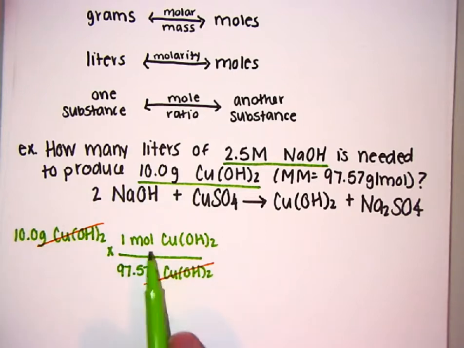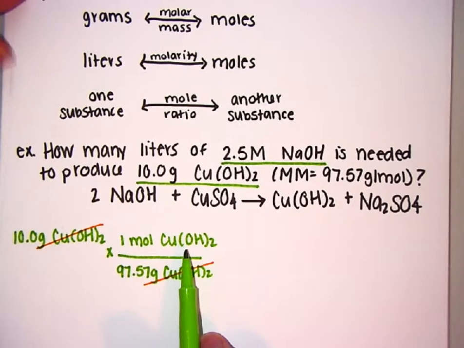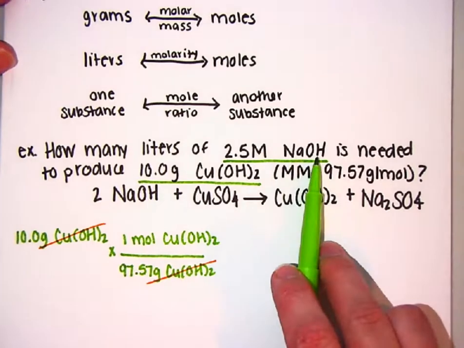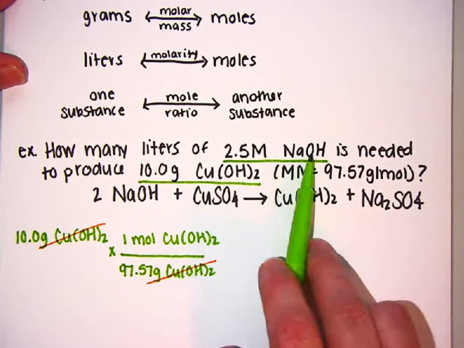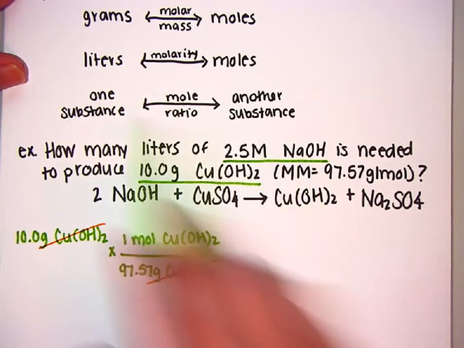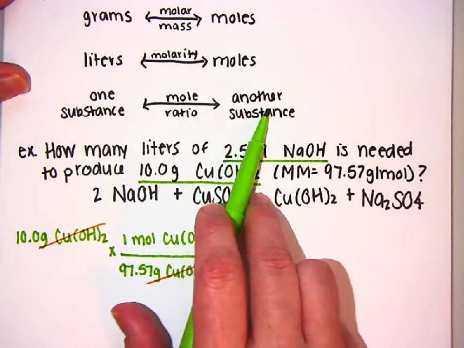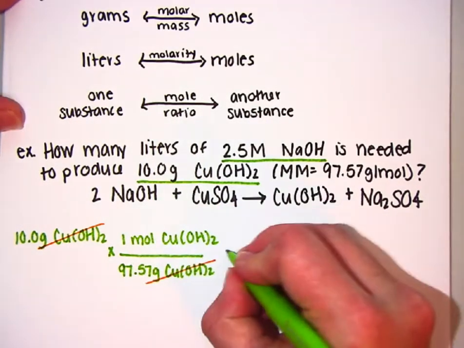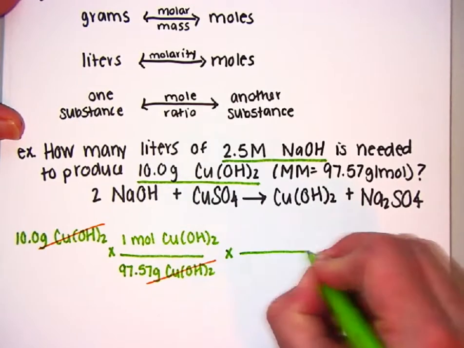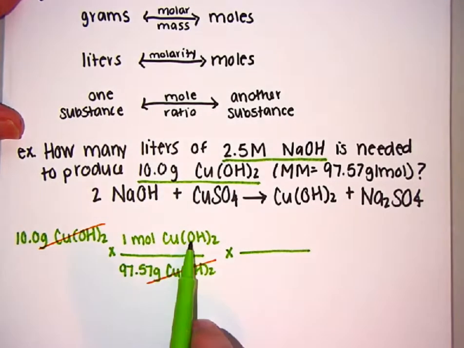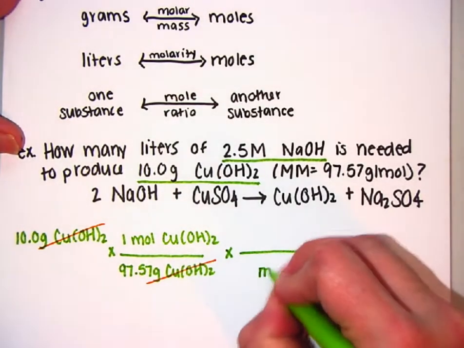So now I'm at moles of copper 2 hydroxide, but I'm solving for sodium hydroxide. I'm converting between two different substances. So if I'm going from one substance to another, I need a mole ratio. We need both the unit and the substance to cancel out.